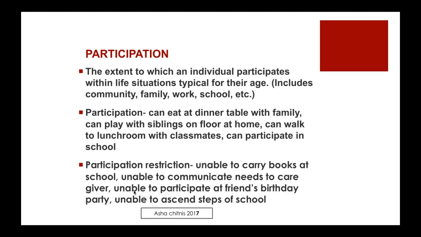Participation restrictions are: can't carry his books or a bag to school, can't communicate his needs, can't participate in a birthday party, or can't climb stairs. So this should give you an idea. Just climbing steps is a functional activity, but the ability to climb steps in society is participation. Hope these things make it clear to you.